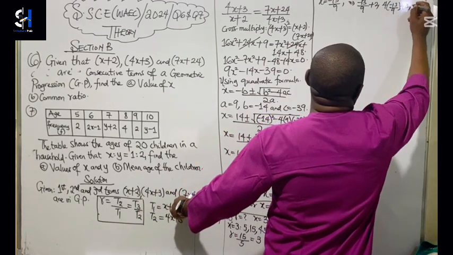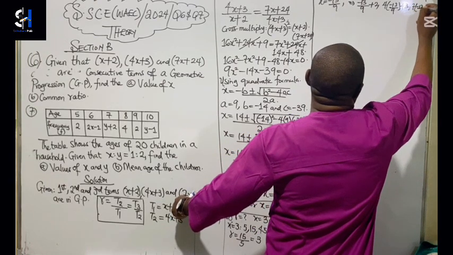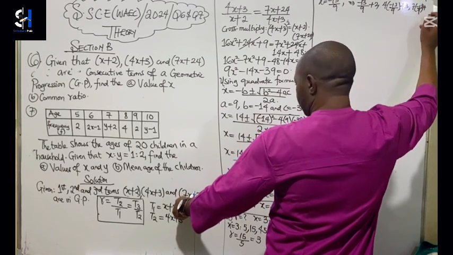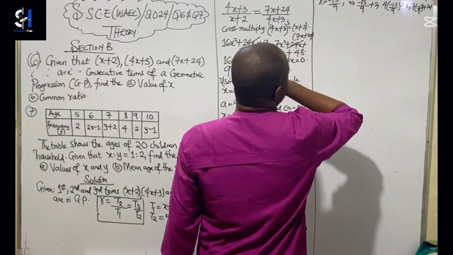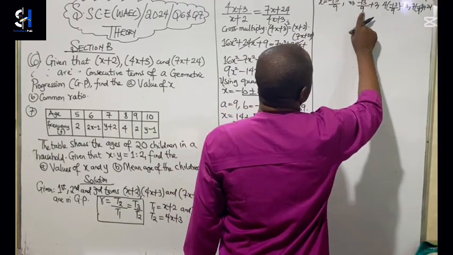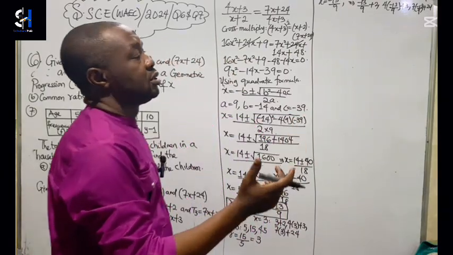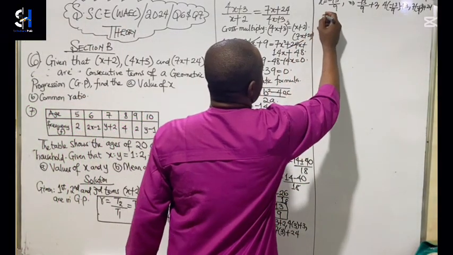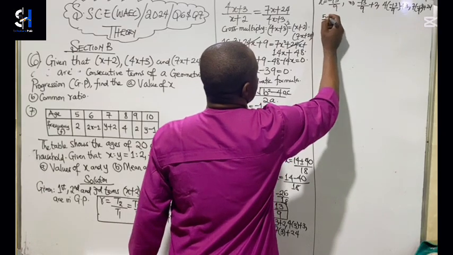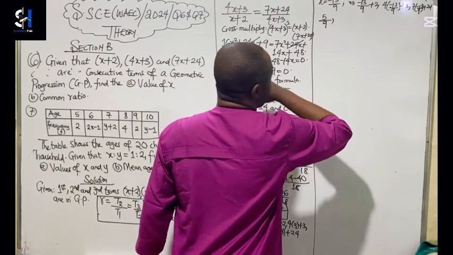Then also we have 7 times minus 13 over 9 plus 24. In this case, the sequence will now be 9 times 2, that's 18. So negative 13 plus 18, that will be 5 over 9. The sequence will be 5 over 9.